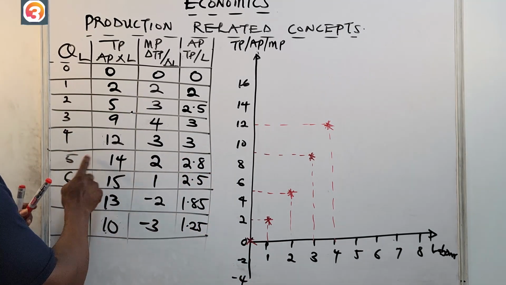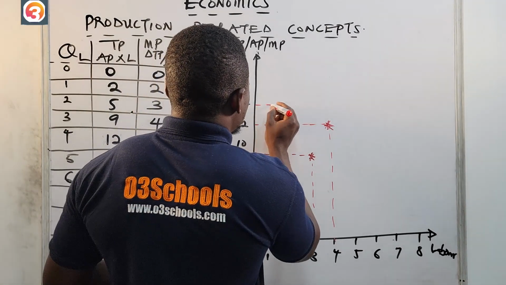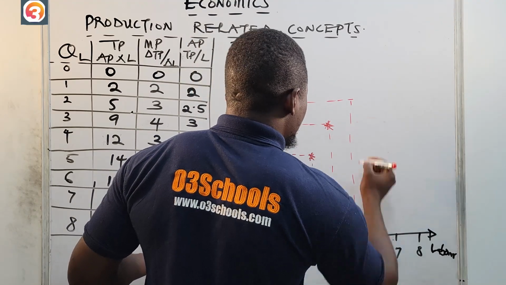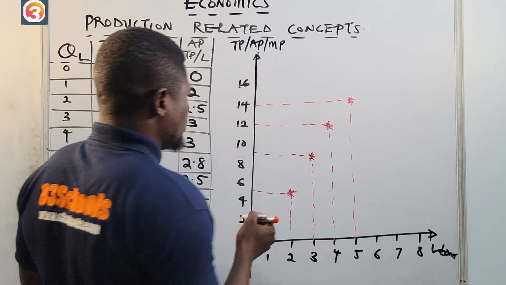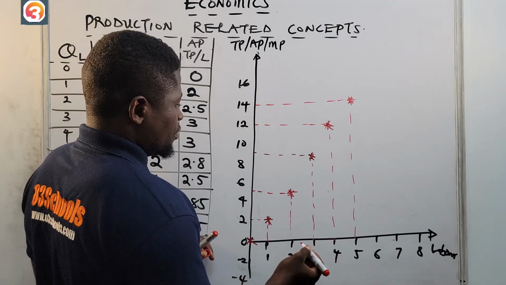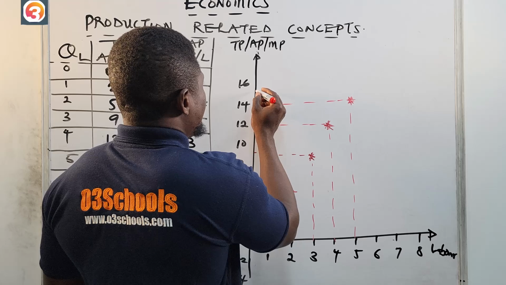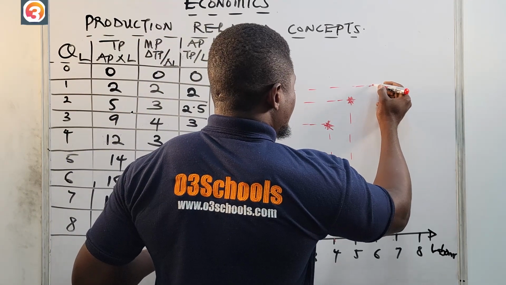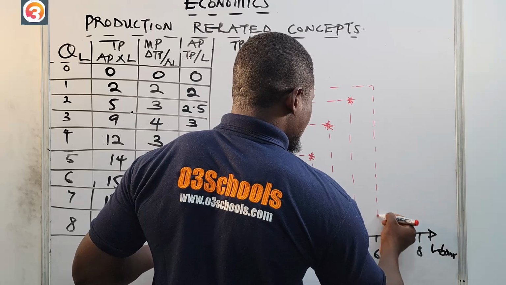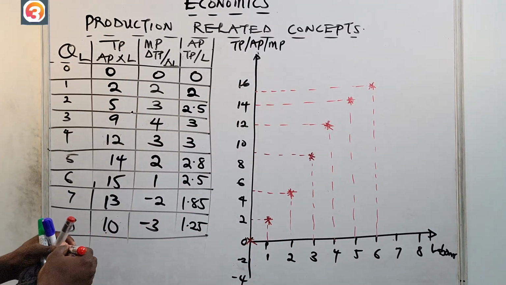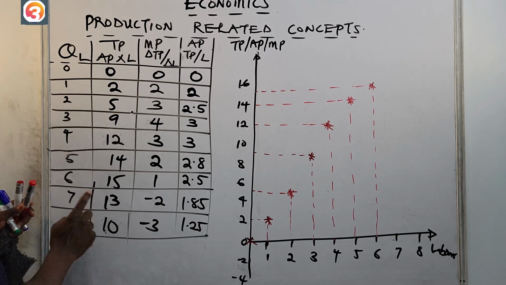Then when it was 5, it was 14. When it was 6, it was 15. 15 is here, between 14 and 16. So you take that down. Now when it was 7, it was 13.